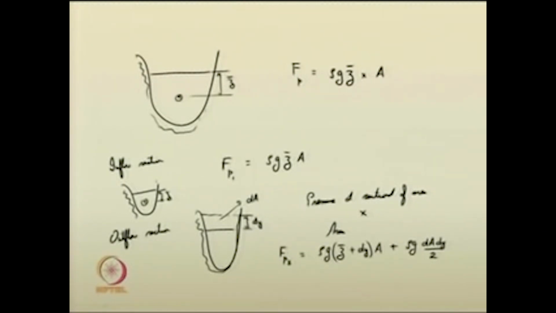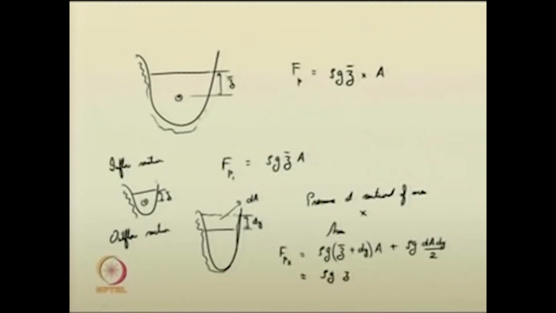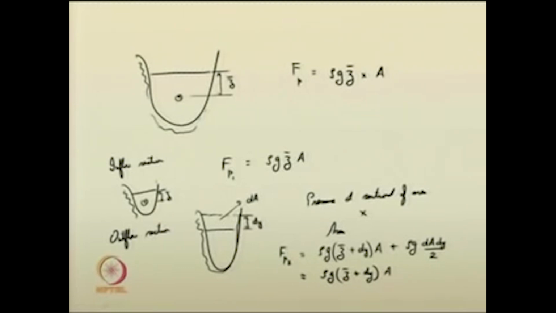So, I can add them, and I can approximate this quantity now, neglecting higher differential orders, as rho g into z bar plus dy into A. So, you have now the net forces in the system.